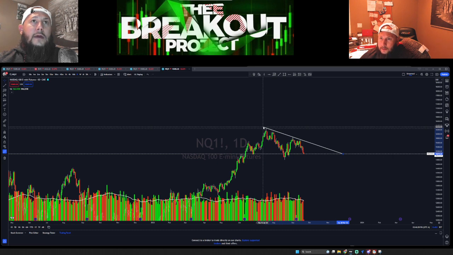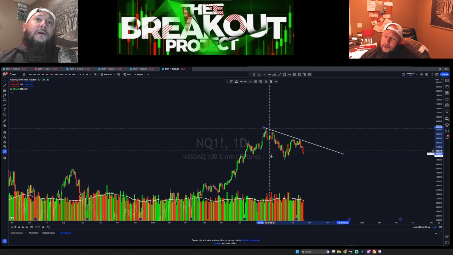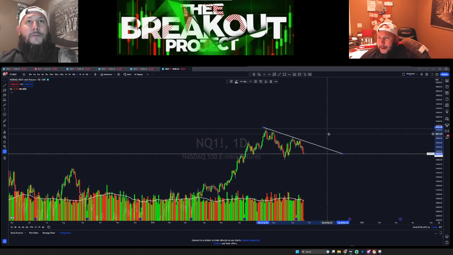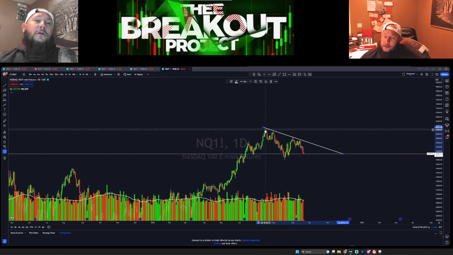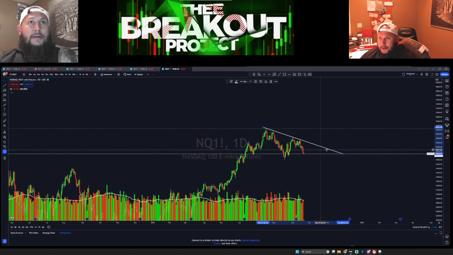Okay, so you can see the candle wick right there. Candle wicks, candle wicks, candle wicks. As long as a candle wick or body of the candle does not go past this trend line, it is still valid. So it's clearly obvious that since July 18th, we have been in a downtrend.